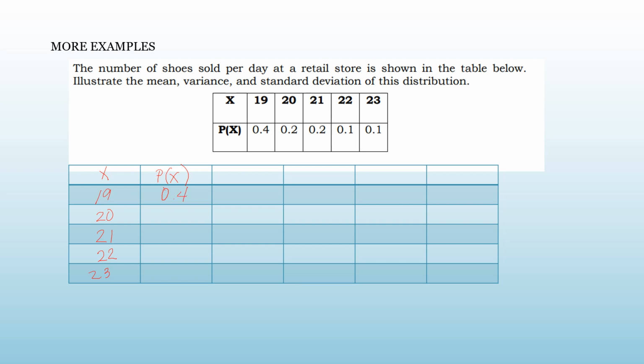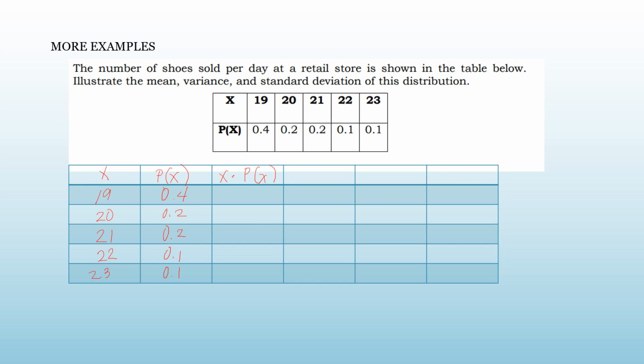Probability of 20 is 0.2. The probability of 21 is 0.2 and the probability of 22 is 0.1, the same with 23, 0.1.